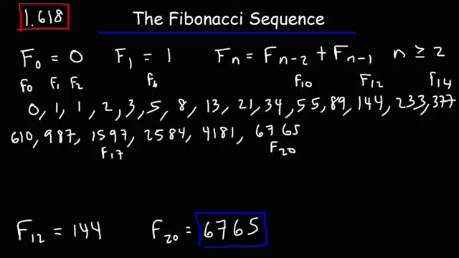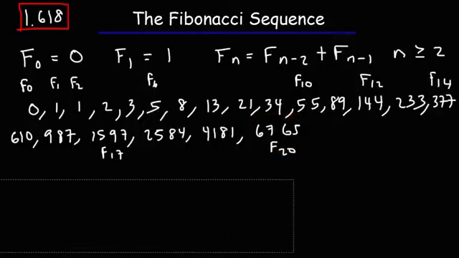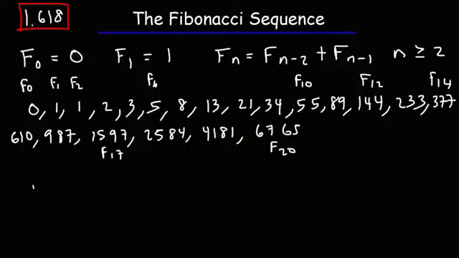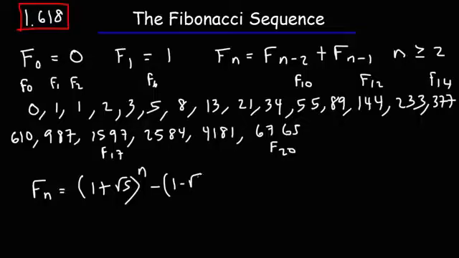Now, it turns out that there's a formula where you can calculate the exact value of this number. And here it is. F sub n is equal to 1 plus the square root of 5 raised to the n power, minus 1 minus the square root of 5 raised to the n, divided by 2 to the n times the square root of 5.